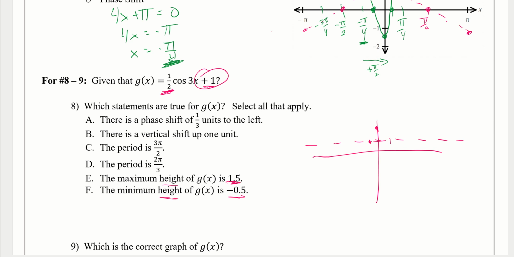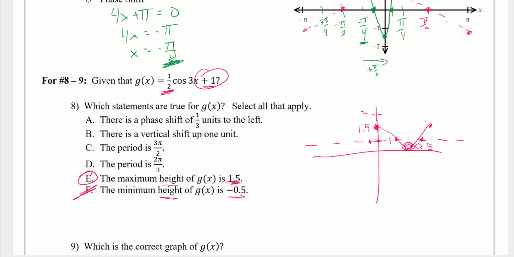So if this is at 1, this is at 2, I'm going to go up 1/2 and then middle down 1/2, middle up 1/2, right? That's just a super rough sketch of what it looks like. So this is 1.5 and this one down here would be 0.5. Okay. So this one makes sense here. E makes sense. F does not because I don't go that low down.